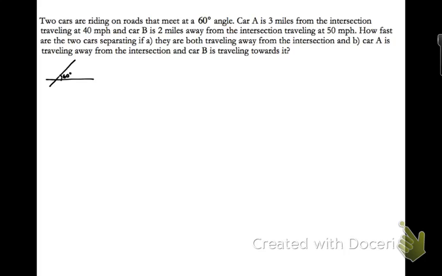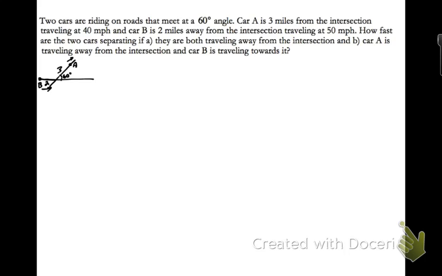But car A is traveling away from the intersection. So it's here, it's past the intersection, it's 3 miles away, going in that direction. But car B hasn't gotten to the intersection yet, it's traveling towards it. So it could be here somewhere, 2 miles from the intersection, and it's going in this direction.